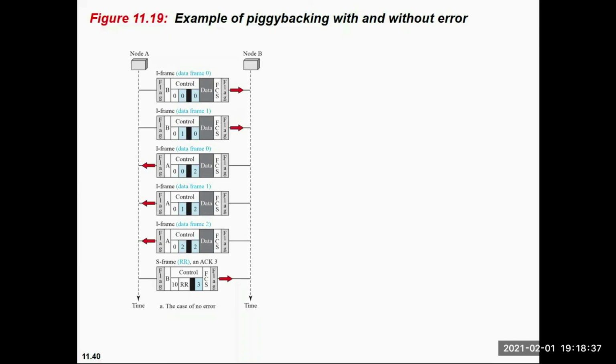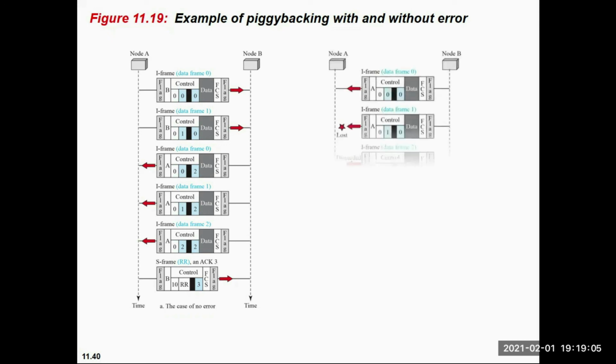Since I-frame is used for transporting of data and acknowledgement, basically acknowledgement of frame 0 and frame 1 is received. Then frame 2 is also received. Then an S-frame acting as an acknowledgement is sent from node A to node B. So this is the case where no error has occurred. Let's take another case.